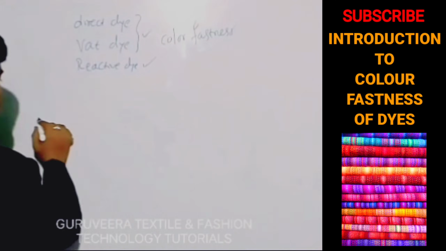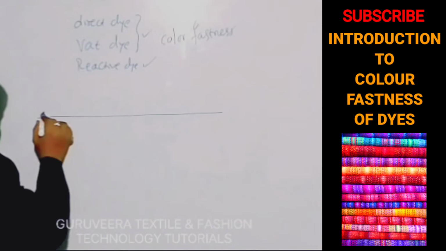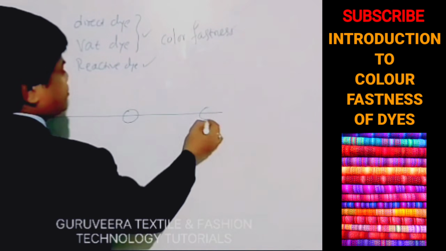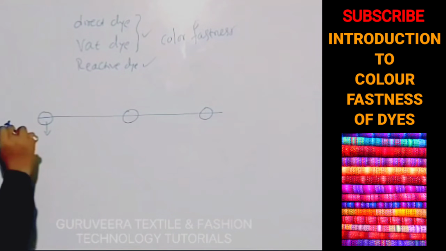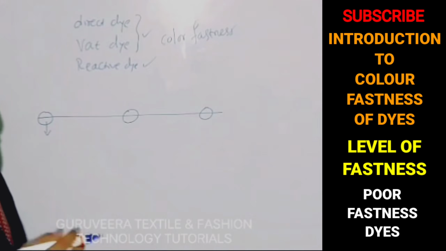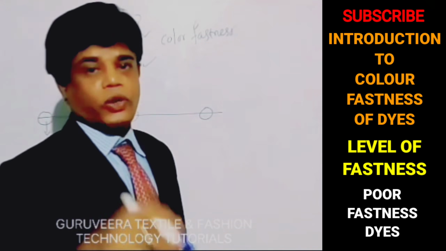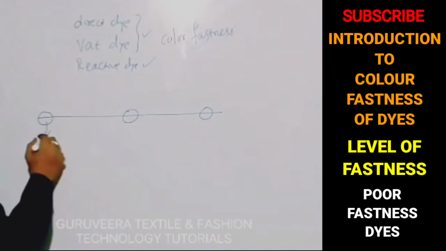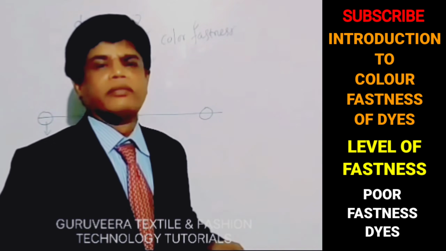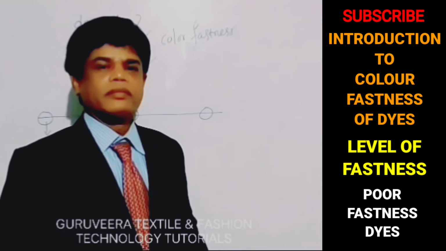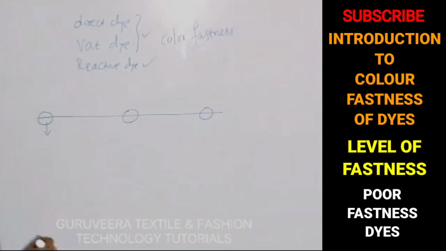See, this is the fastness line. Here some dyes are there, here some dyes are there, here some dyes are there. Take local dyeing, if the fabric is dyed locally at home or in a drum or tub, with some local dye, it is not very fast.